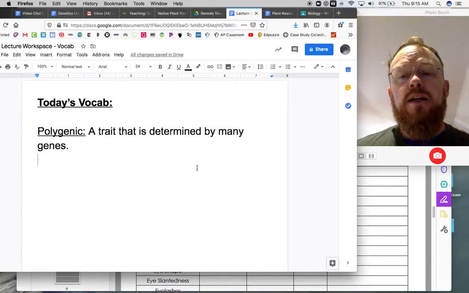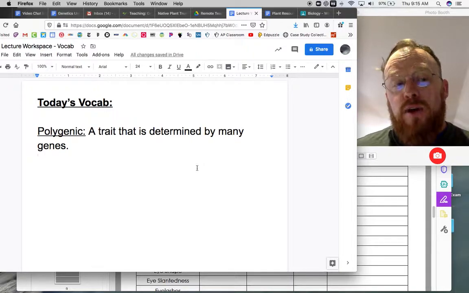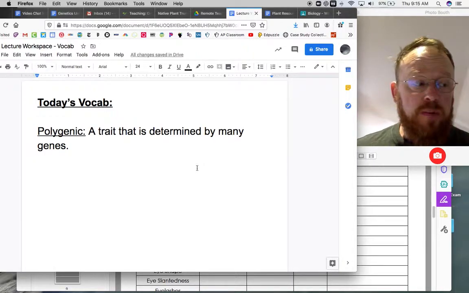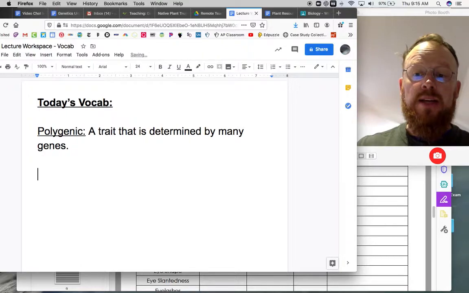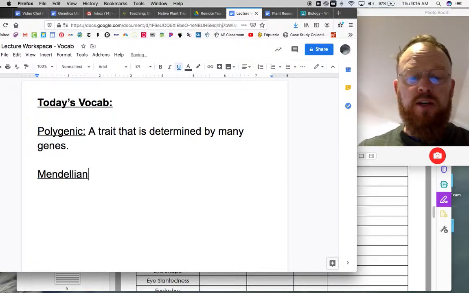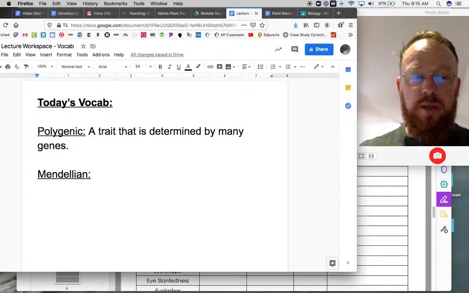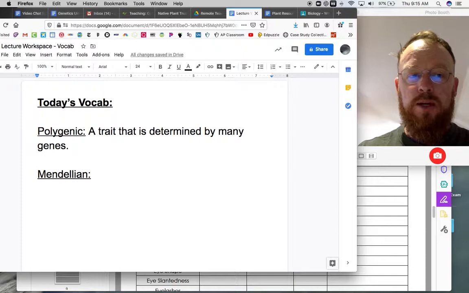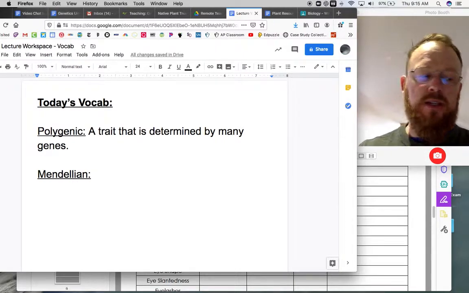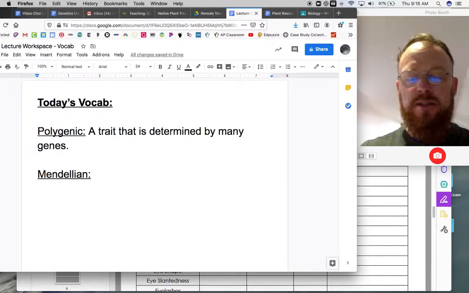What we've been looking at so far are traits determined by one gene, and that has a word too. That word is Mendelian, named after Gregor Mendel, the Austrian monk who worked with pea plants and basically discovered the idea of dominant and recessive genes.